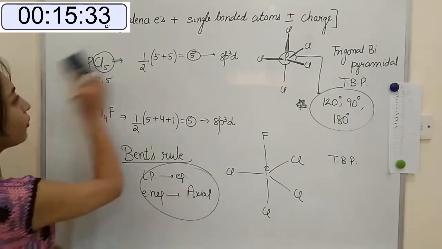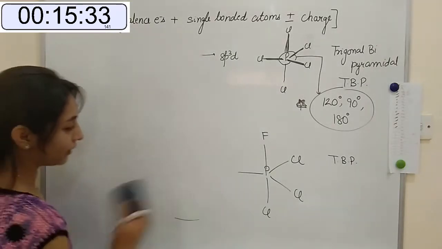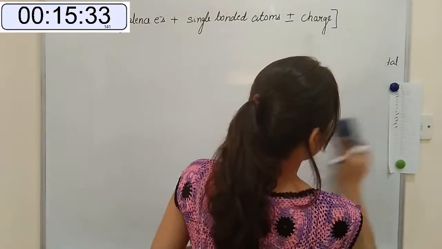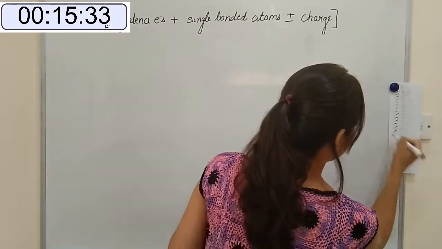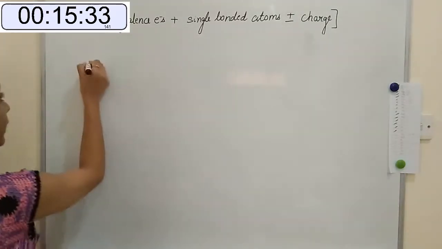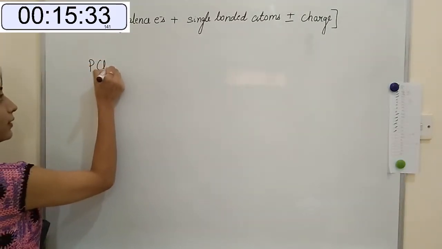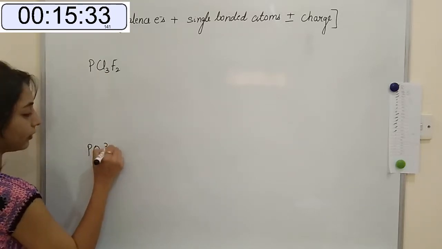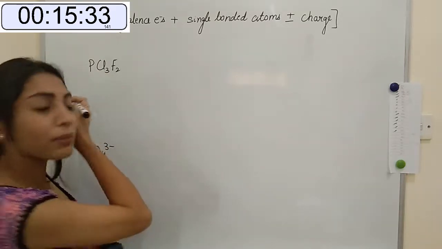Done. Moving further to the next question. So we have done this. Now let us do PCl3F2 and let us do PO4 3 minus. Let's first do this, it is a similar question.